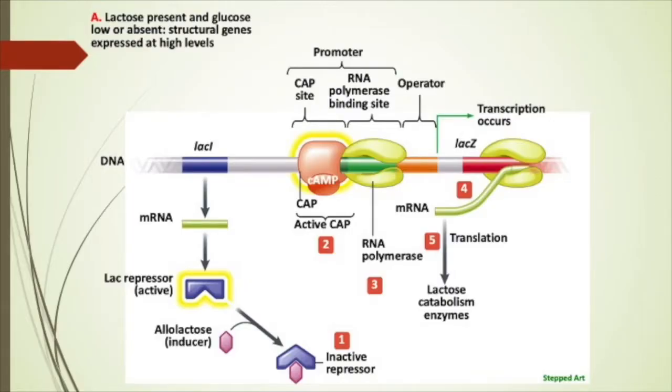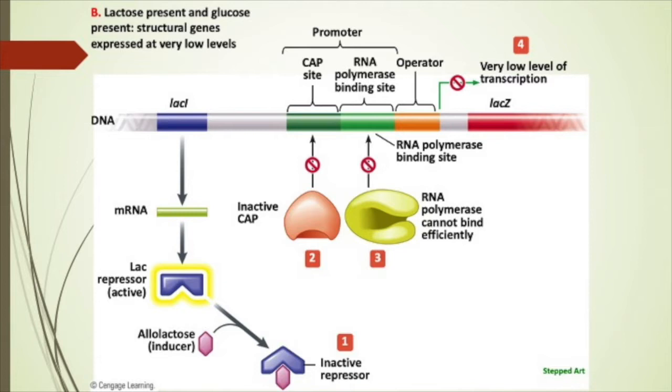If you have lactose present and the glucose is low or absent, structural genes are expressed at high levels, right? You have that CAP right there and the inactive repressor, right? Allolactose is the inducer. RNA polymerase starts at that CAP site. See that?